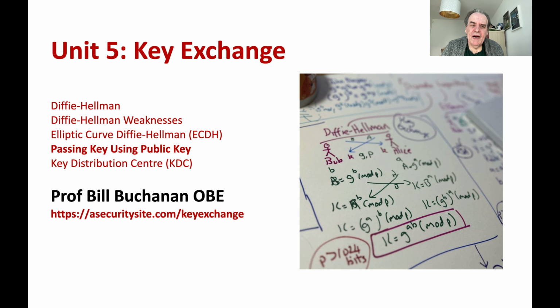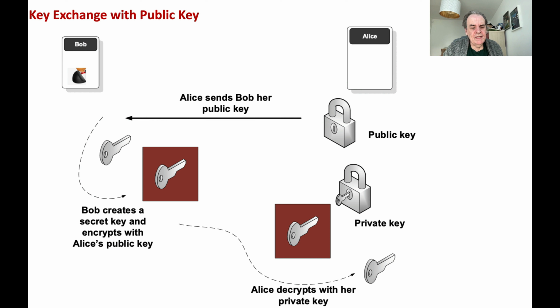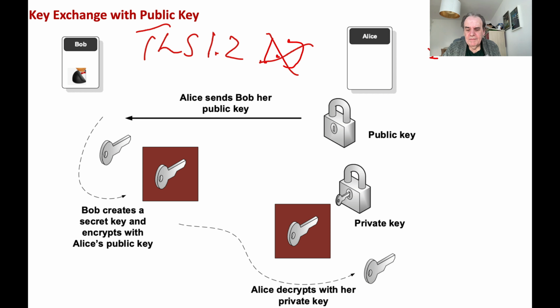So we can also pass the key through public key encryption methods. This has been used up to TLS 1.2, but has now been dropped in TLS 1.3 because of the long-term hack of the master key. For this, Alice, who might be Google, sends over the public key in a trusted way.